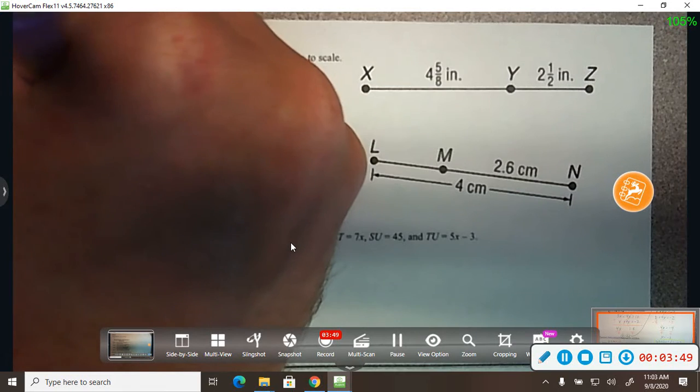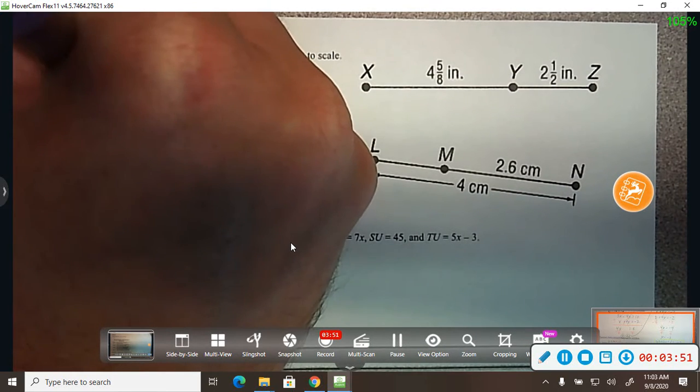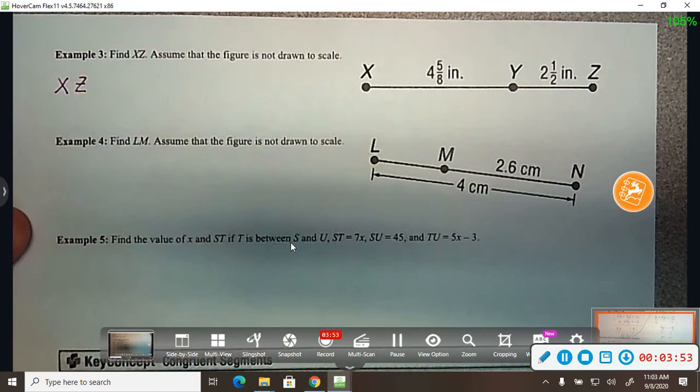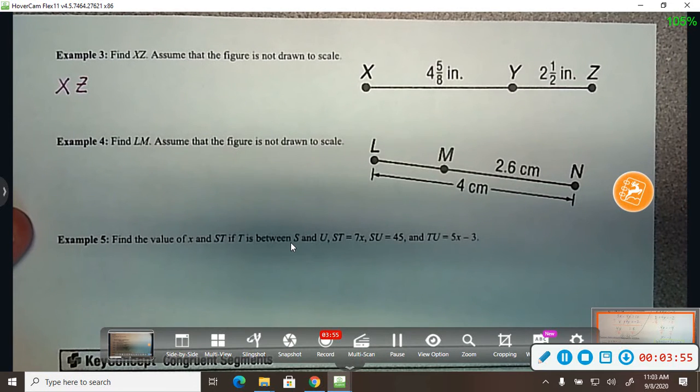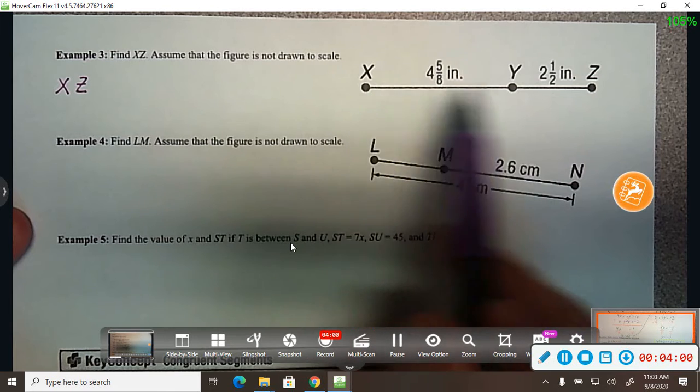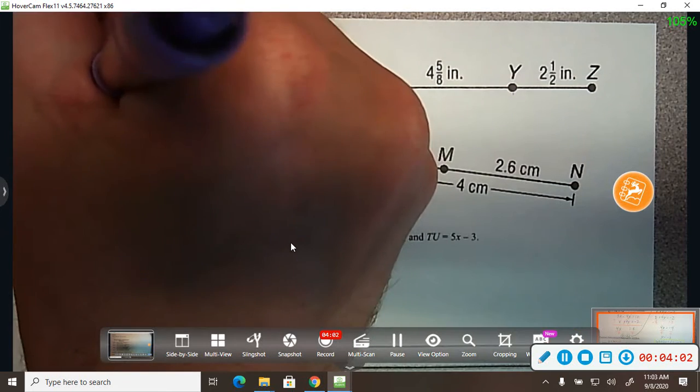Well, XZ, and I like to put a line through my Z so it doesn't look like a 2. XZ, the whole thing, would be XY plus YZ.